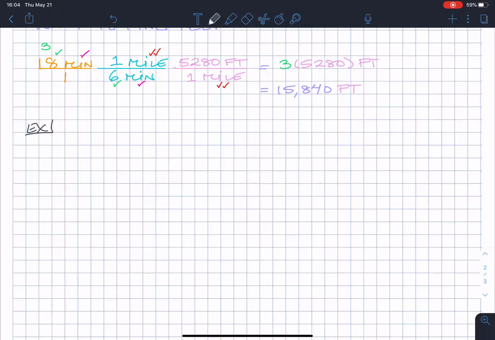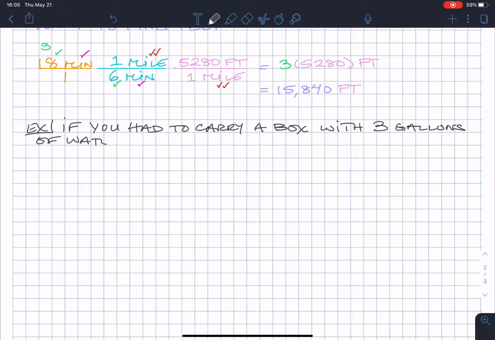So if you had to carry a box with 3 gallons of water, how many pounds would it weigh? How many pounds would it weigh?